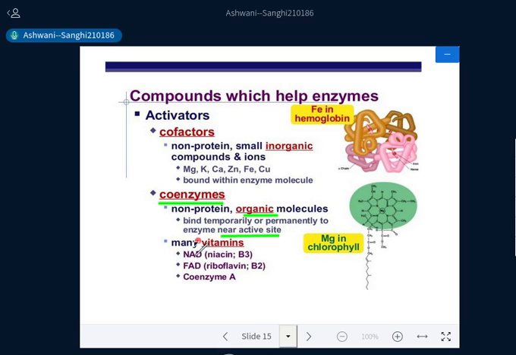These coenzymes are generally vitamins or their derivatives. Examples like NAD or niacin, vitamin B3, FAD, riboflavin or vitamin B2, coenzyme A, vitamin B5 or pantothenic acid.